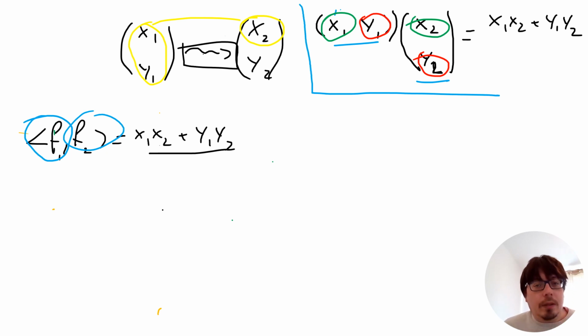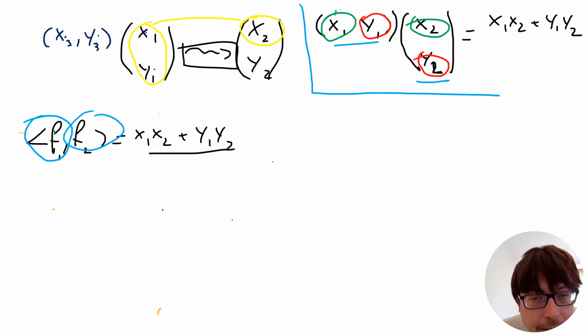One way to do it is exactly to think about another vector here, which we will call x3 y3. Now the order is a bit odd, and if you do this multiplication that I've done up there, the first with the first and the second with the second, we get this number here. Now how do we get this number down there?